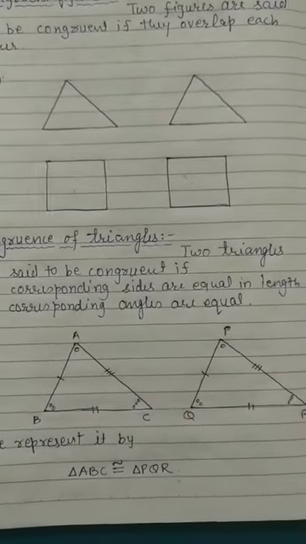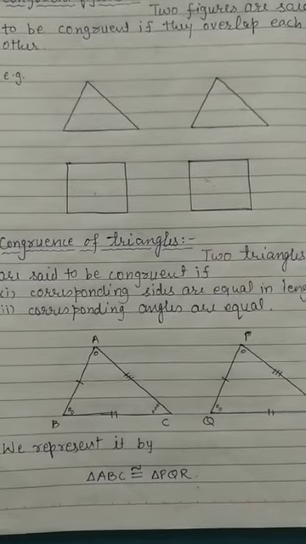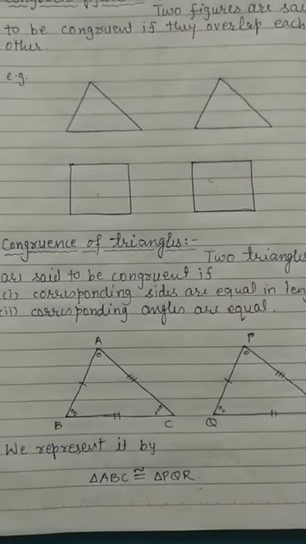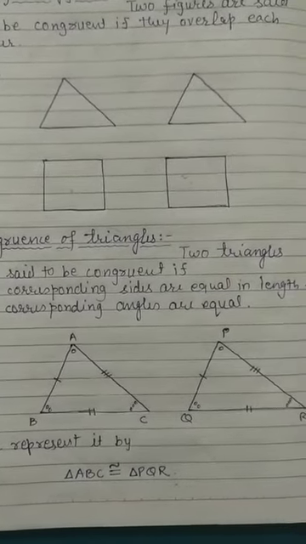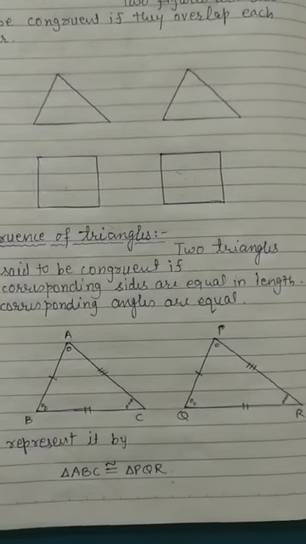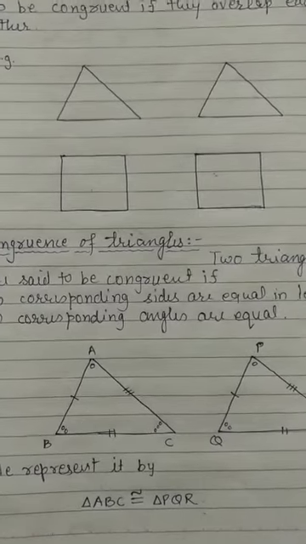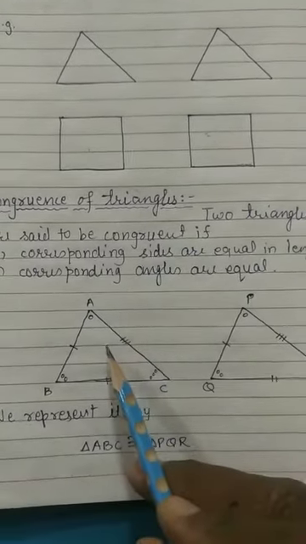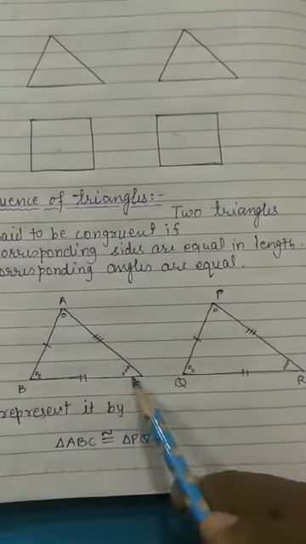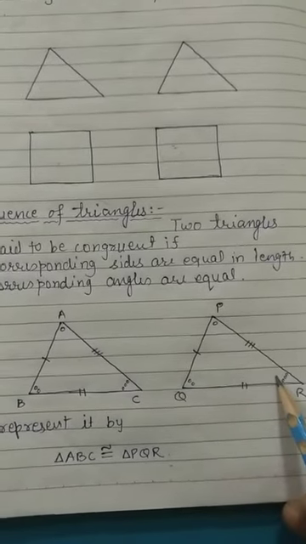Two triangles are said to be congruent if, first, corresponding sides are equal in length, and second, corresponding angles are equal. You can check here two triangles ABC and PQR are drawn.